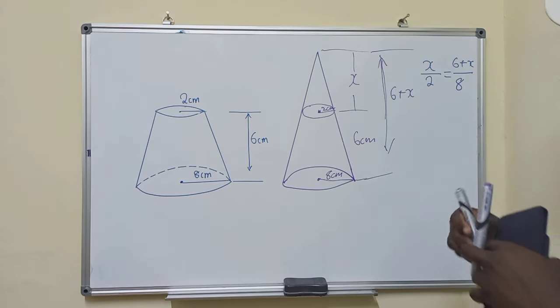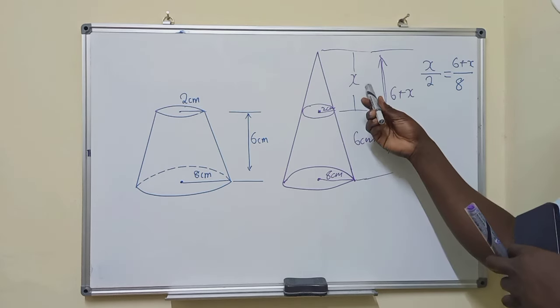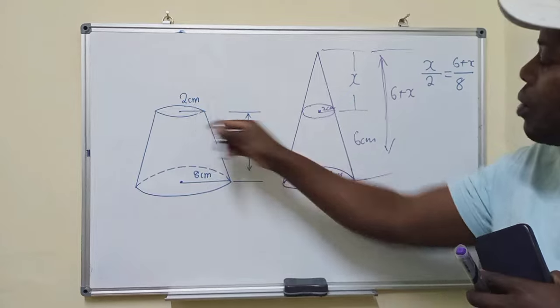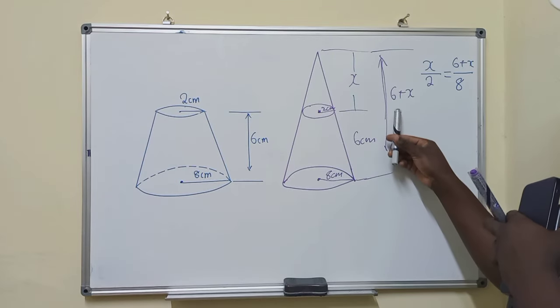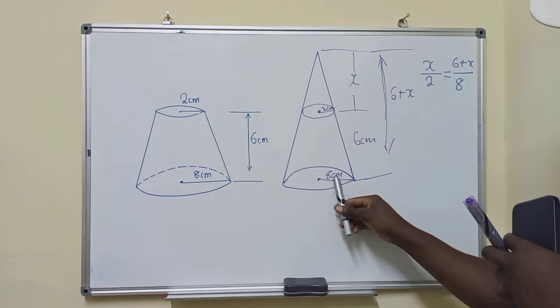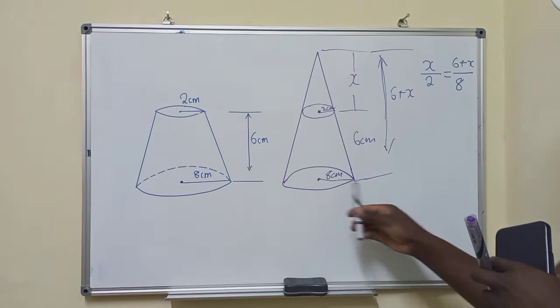In other words, you get the x here over where it has been cut, and the height of the full cone over the radius right here.